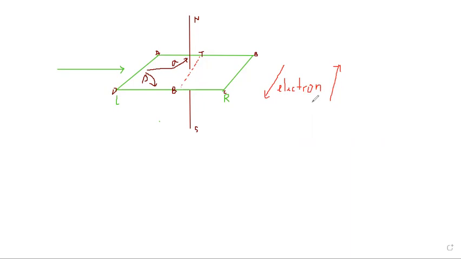If you want to cancel the effect of this situation, then you need to make current flow in the opposite direction. So current will have to flow towards the bottom of the page. Then only it will cancel the effect of this flow. And it has to be along the plane of the page.